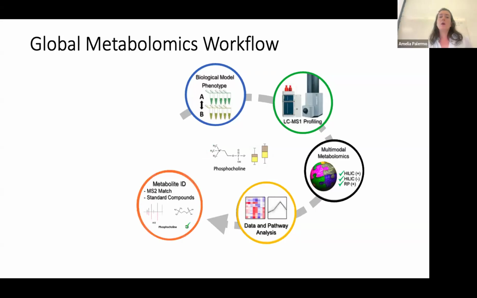And finally, this is the step that is different when we talk about targeted and untargeted approaches. The targeted approaches will perform the identification of the metabolites at an earlier stage, right after the LC-MS profiling acquisition.